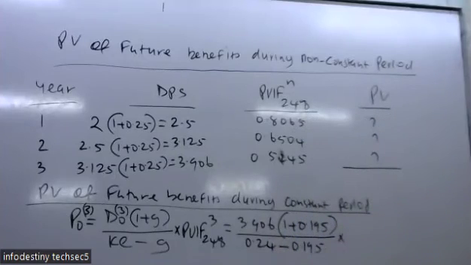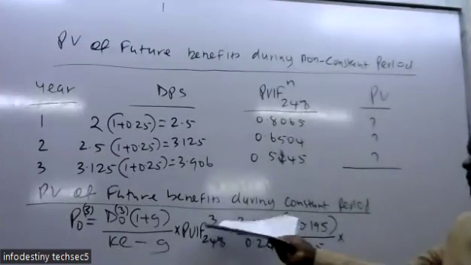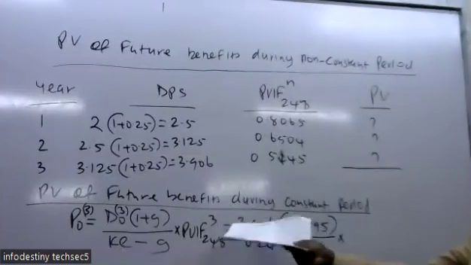Then you are supposed to multiply by the 24% in year 3.